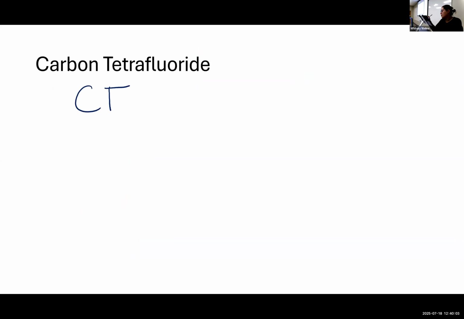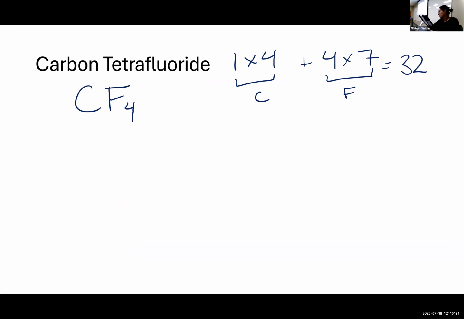Carbon tetrafluoride. So same process, count those valence electrons. Let me just double check my math.